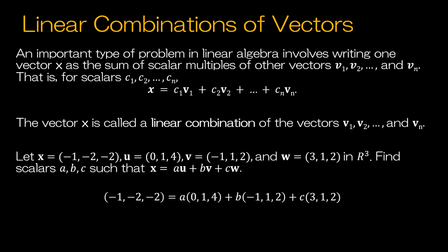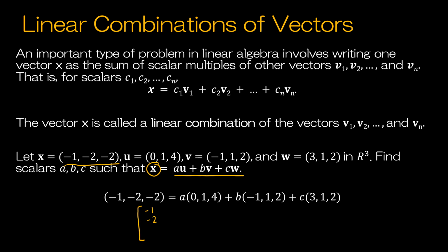We have x is -1, -2, -2, and then we have u, v, and w, and we're trying to write x in terms of u, v, and w. So just by replacing vectors into this equation, I have -1, -2, -2, and it might be easier.